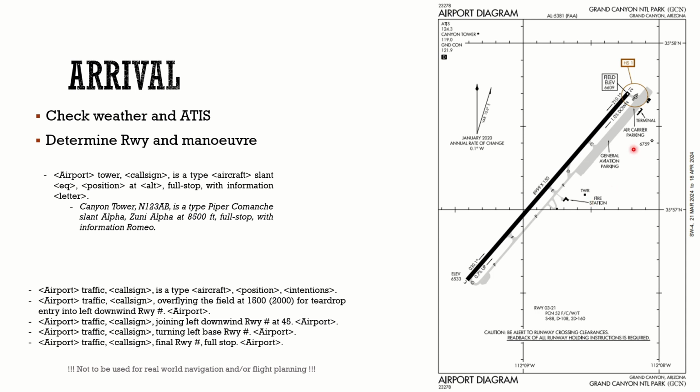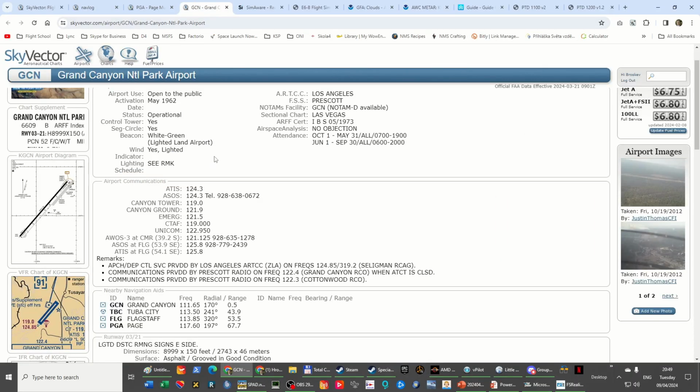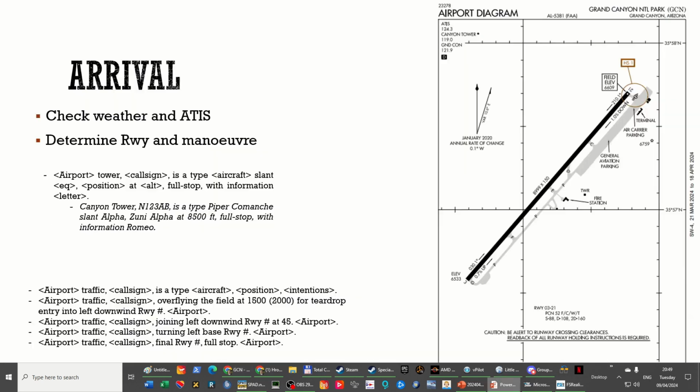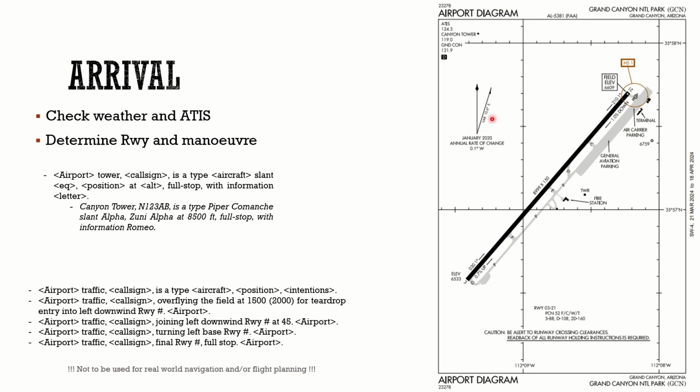All right. So if I look at the Grand Canyon and the runway information, we can see that runway 21 has a right traffic pattern. That means that runway 3 has a left traffic pattern, if that's not mentioned. And since it is a controlled airfield, feel free not to do the standard VFR entry into the uncontrolled field.